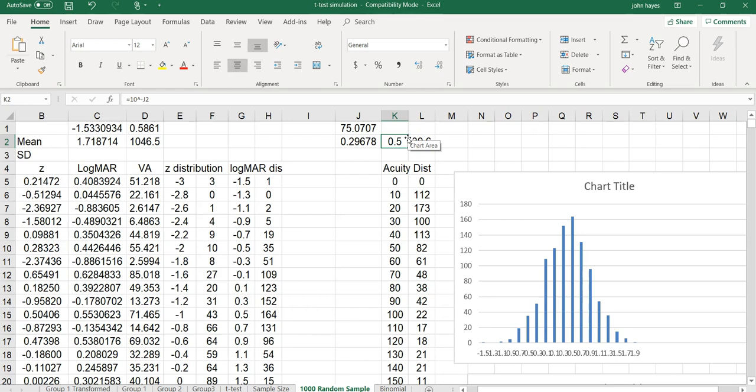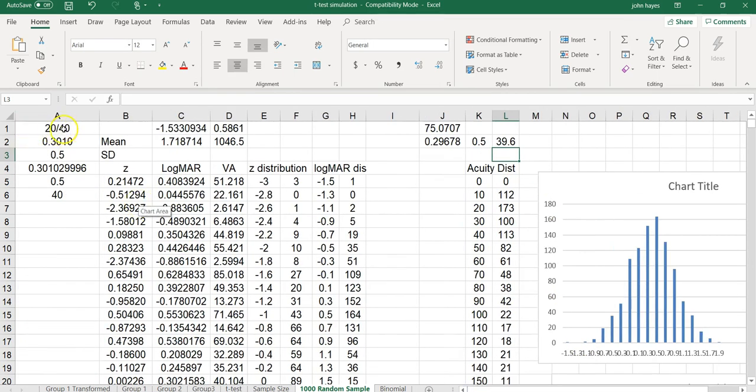We said we were at 20/40, and to get the denominator, we divide 20 by 0.5, or this value, and that gives us 39.6, which is pretty close to our target of 20/40. So we started with 20/40. We did a random sample. You're not going to get exactly 0.5, but we came pretty close. And if you round it, you get something that looks like that.